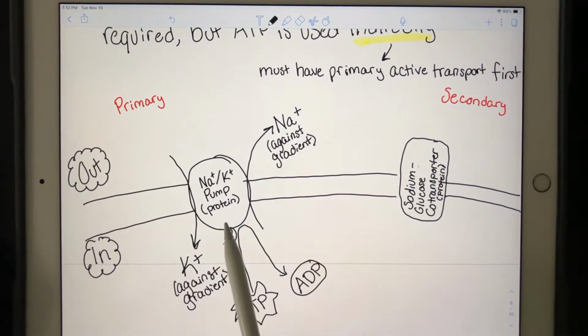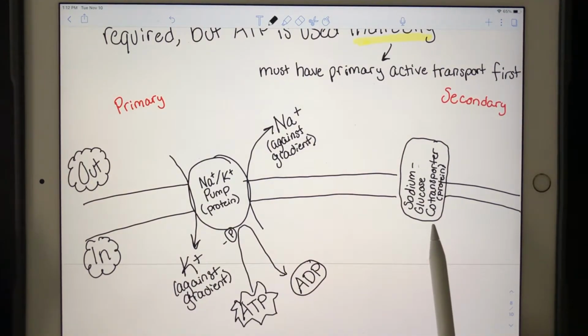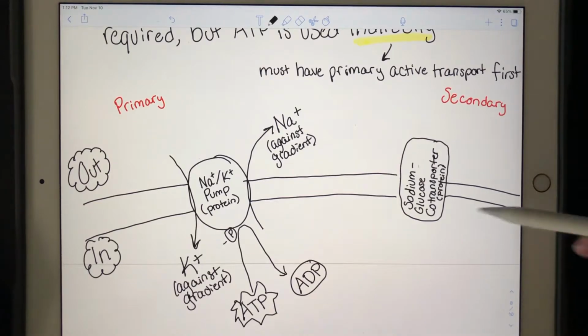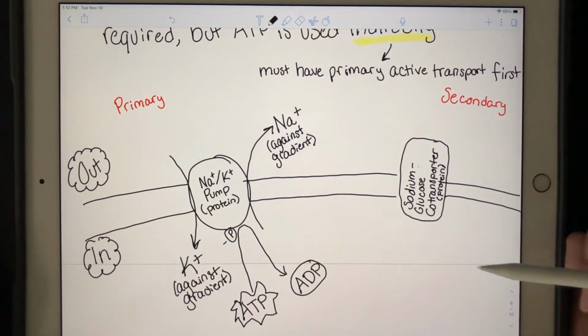So our protein over here is a sodium-potassium pump, but our protein over here is a sodium-glucose co-transporter. What that means, co-transport, co means together, is we're pulling sodium and glucose into the cell together.